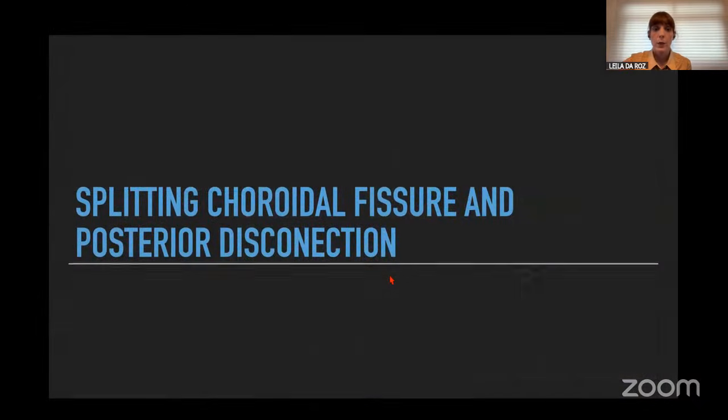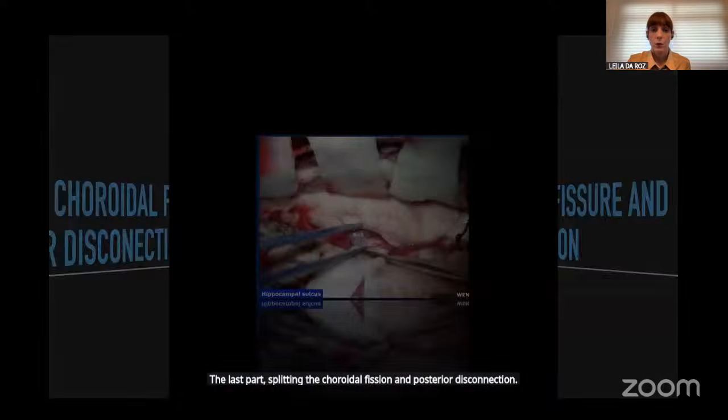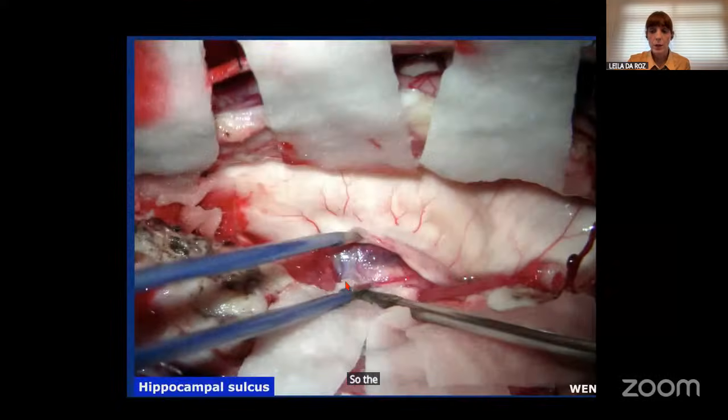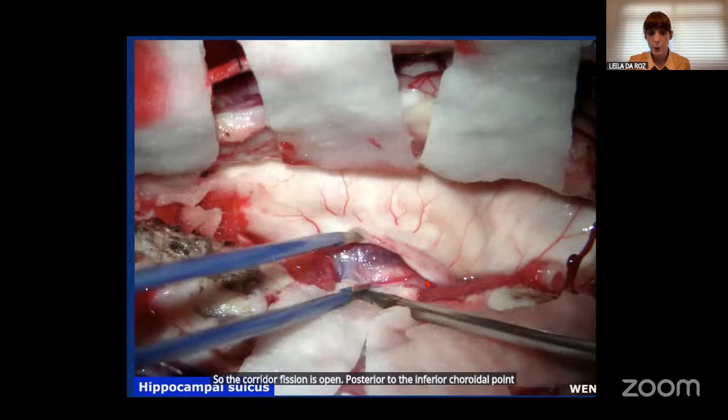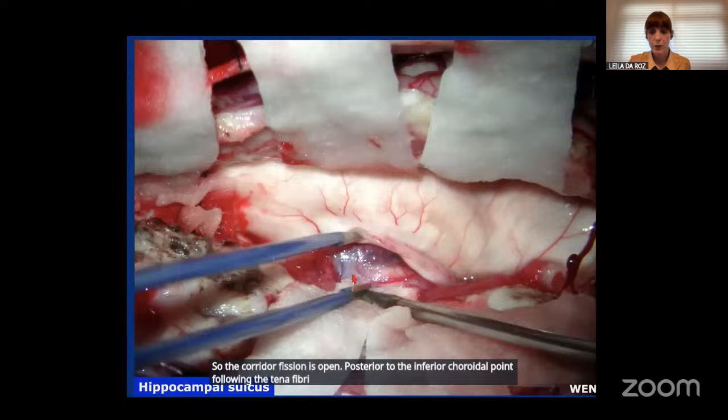The last part, splitting the choroidal fissure and posterior disconnection. The choroidal fissure is opened posterior to the inferior choroidal point, following the tenia fimbriae, and we try to preserve the arachnoid under the hippocampus.